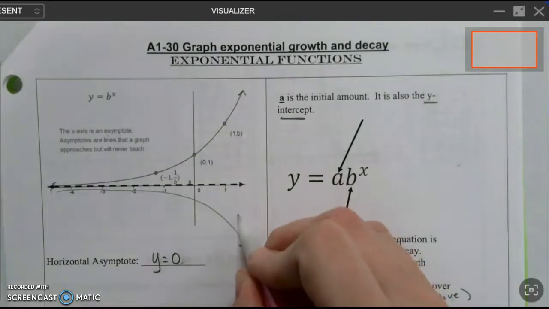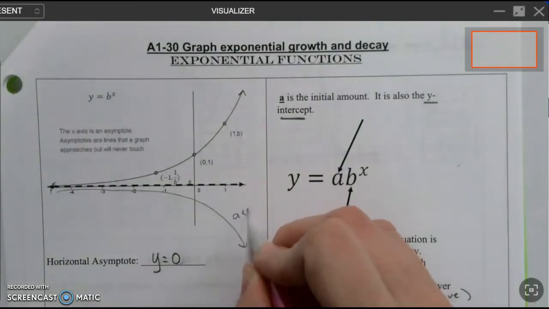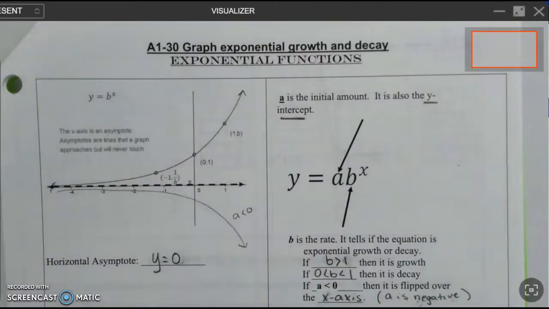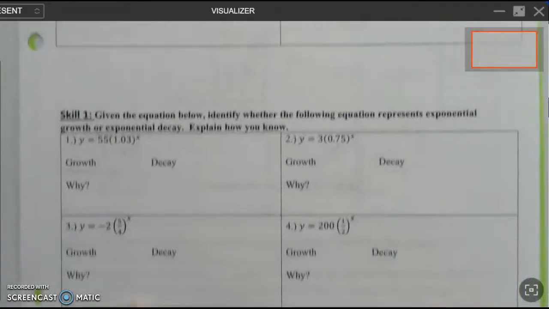This is what it would look like if a is less than 0. So if you have a negative a value or a negative initial amount, it's going to flip that upside down.